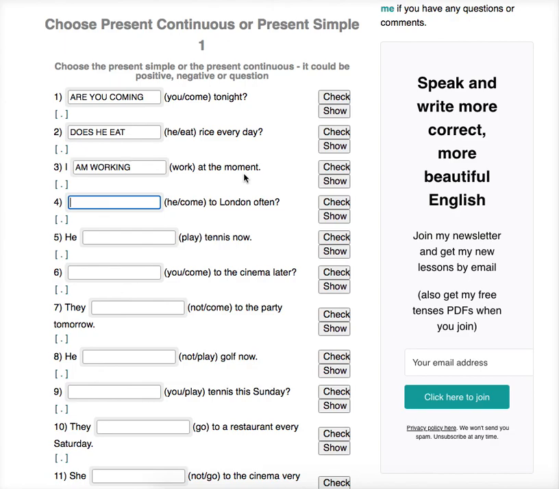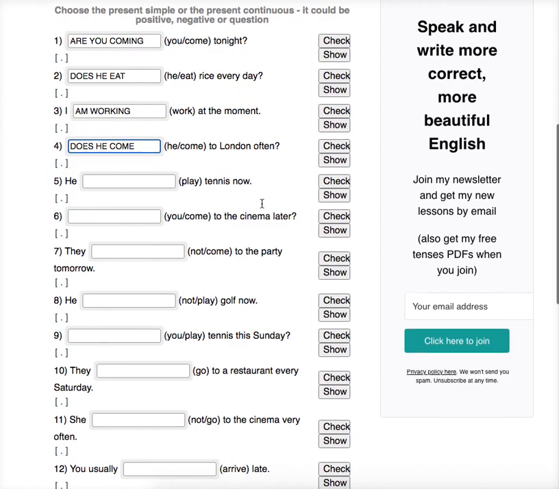Does he come? Very good. Does he come to London often? ¿Él viene a London seguido? Mis amores, recuerden que siempre van a tener una palabrita ayuda. Va a haber un at the moment, o un always, o un often, o un everyday, o un tonight. La oración siempre les va a ir indicando en dónde están, ¿listo?